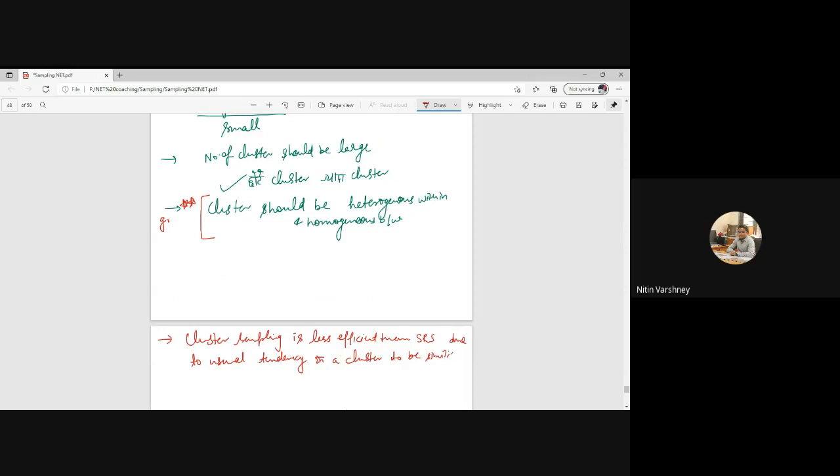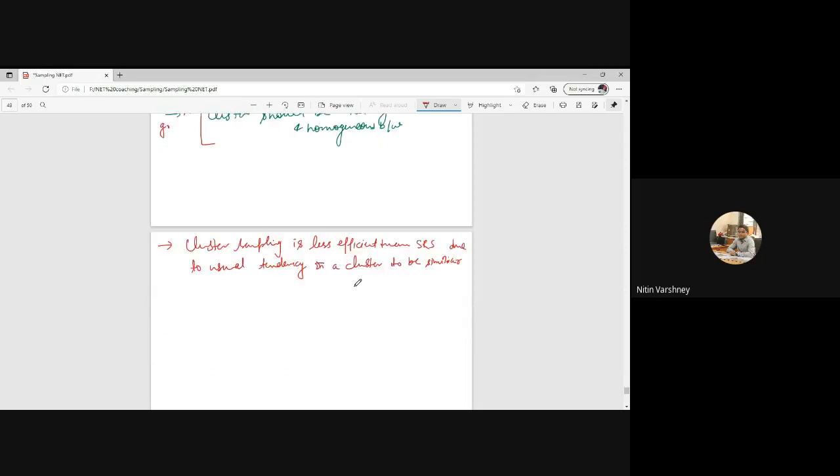So because of this, cluster sampling may be less efficient.